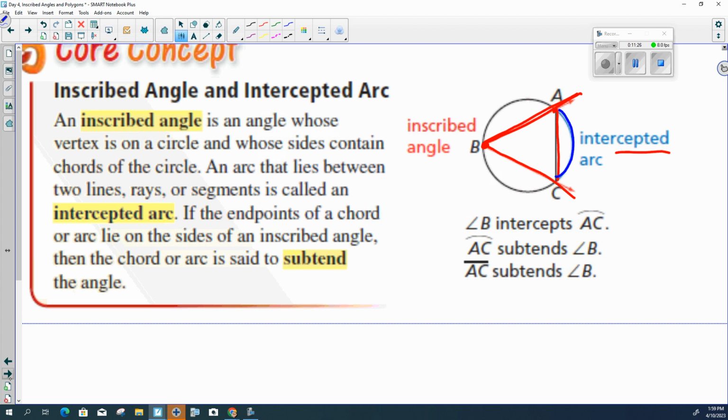Now, I did not write this part down because I haven't seen it come up anywhere else, this sub 10. So I kind of stopped right there. I haven't seen that moving forward. So if it's important, we can come back and put it in, but I did not put that part in mine. Subtend. The chord is said to be subtended.